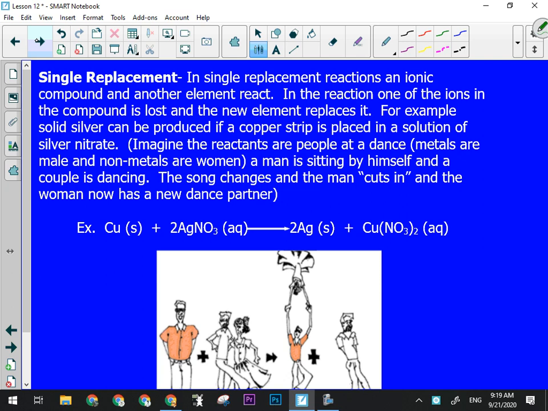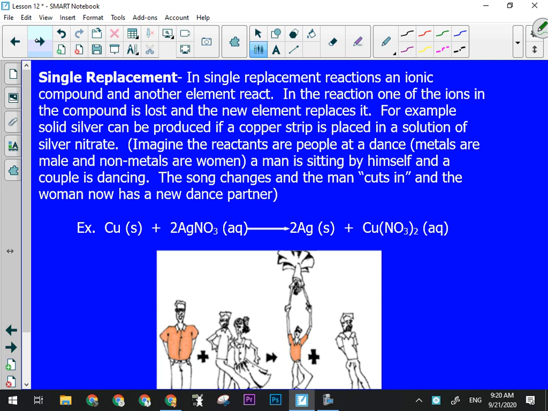In a single replacement reaction, it's an ionic compound reacting with an element, because only one thing is getting replaced. In a double replacement reaction, 2 ionic compounds react with each other, and 2 things get replaced. But it's always ionic compounds.